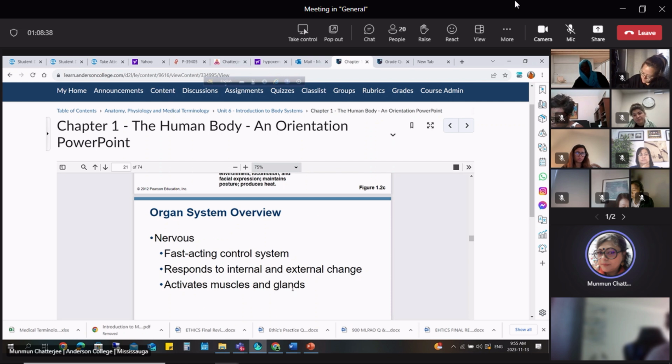It responds to internal and external change. I just gave you the example of the external change. Also internal: if the heart is doing tachycardia, or there are hormone changes related to anxiety, the brain is getting this signal, the heart is beating faster, or the respiration is slow or high.